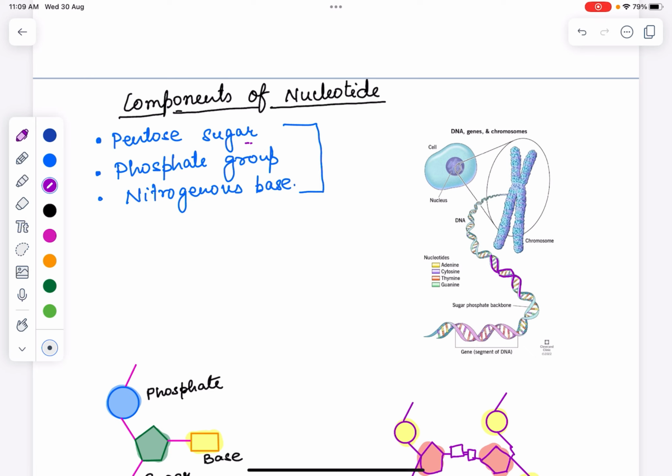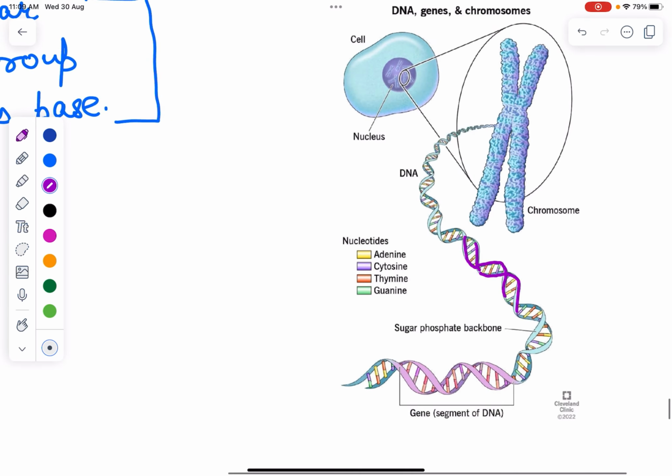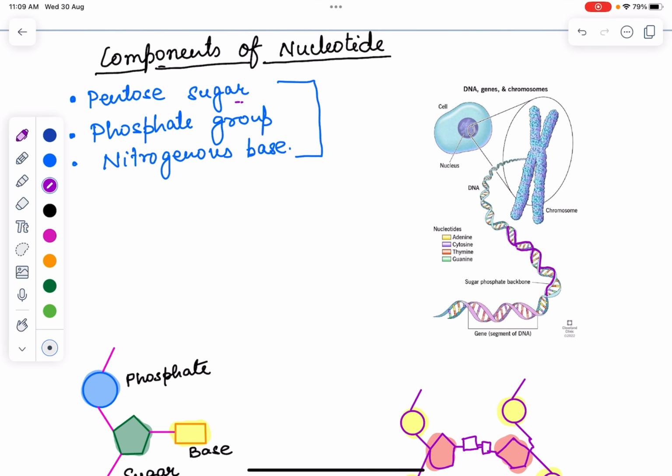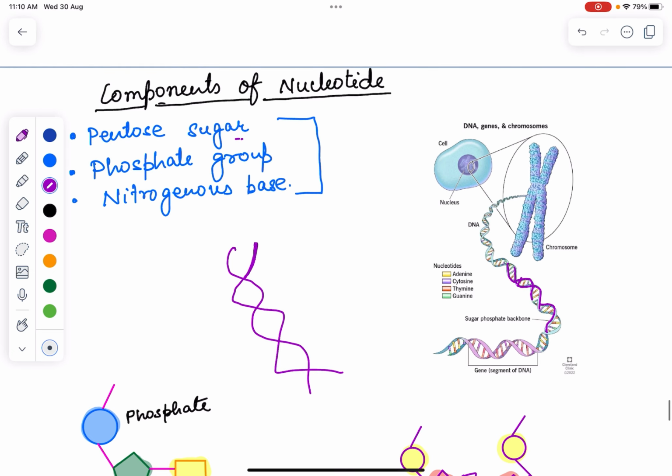This pentose sugar and phosphate group form the strand of the DNA. And these nitrogenous bases are adenine, cytosine, thymine and guanine. They form a link between the strands. This strand is made up of pentose sugar and phosphate group, and they are bound together. They form a ladder like structure.